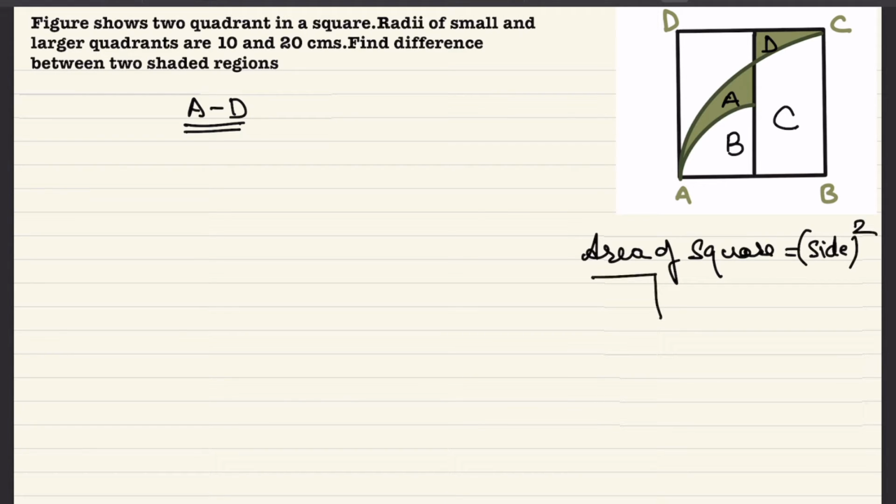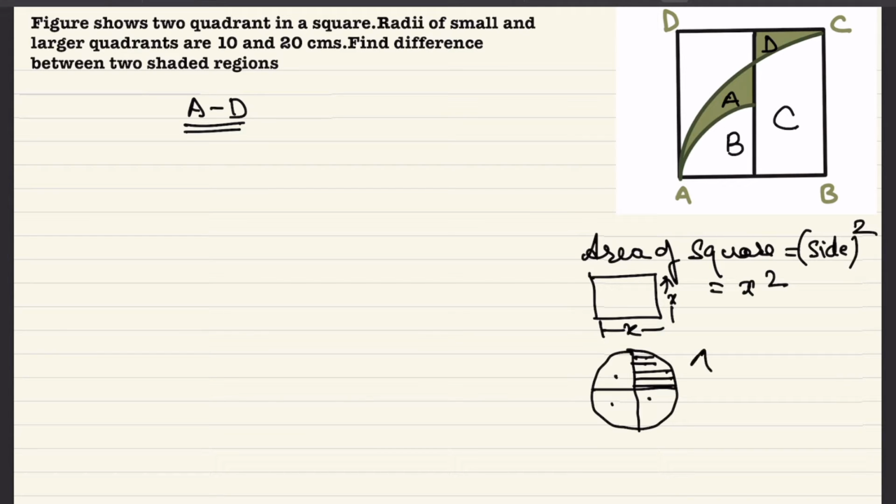Suppose this is a square, then the area of this square is x square. Now what is a quadrant? A quadrant is a 1/4 part of a circle. If a circle is divided into 4 parts, then each part is called a quadrant, and the area of a quadrant is 1/4 of the area of the circle, which is pi r square.